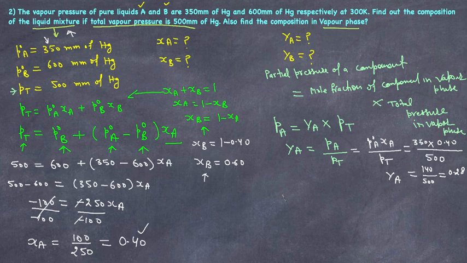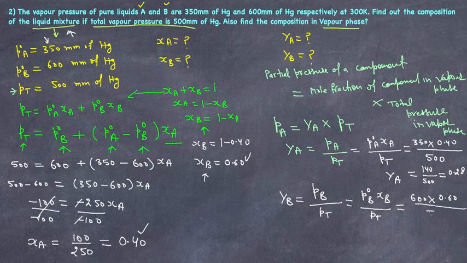And we can calculate YB similarly. So YB is equal to PB divided by PT is equal to P naught B XB divided by PT, and it is going to be equal to P naught B is 600 and XB is 0.6, so we calculated it over here, 0.60 you can say, multiply by total 500, and when we solve it, YB comes out to be equal to 360 over 500 gives me 0.72.